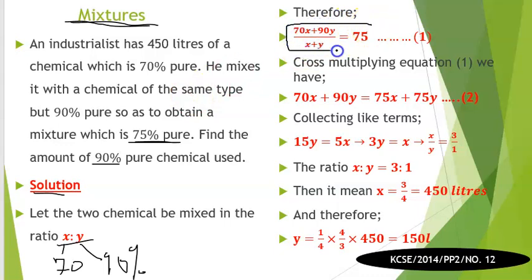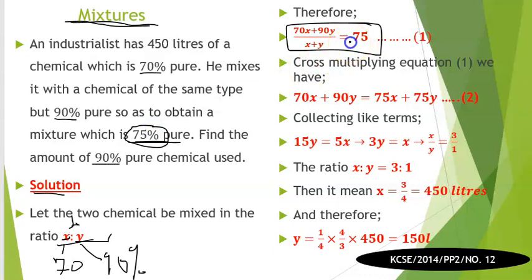Now we are going to take the two ratios, that is x multiplied by its concentration 70, which gives 70x, and y multiplied by the concentration 90, which gives 90y, over the summation of the two ratios, x plus y, which should give us the new concentration, that is 75%.